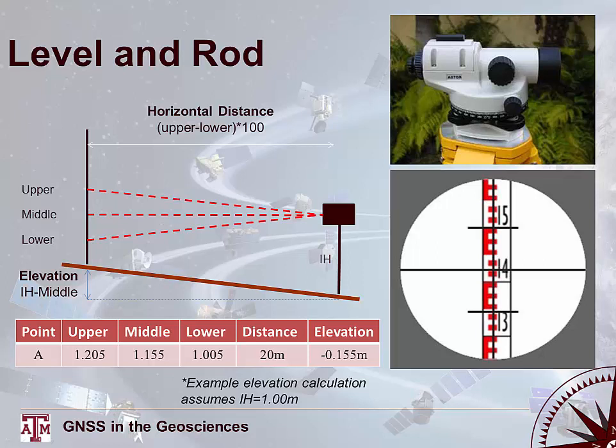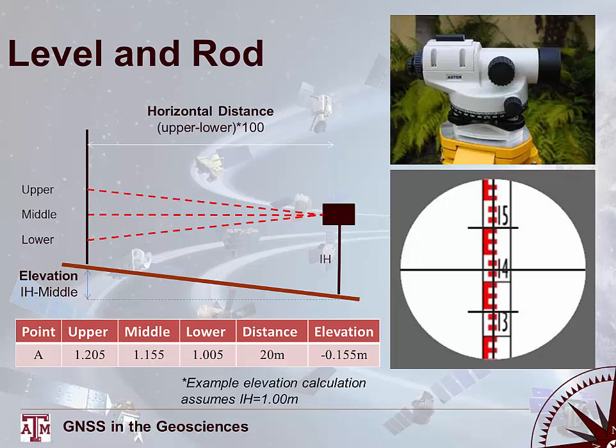So if we subtract that middle crosshatch measurement of 1.155 meters from the instrument height of 1 meter, we get an elevation for the surveyed point of negative 0.155 meters. Now, this indicates that the surveyed point is actually 0.155 meters below the location that the sighting level is located at.